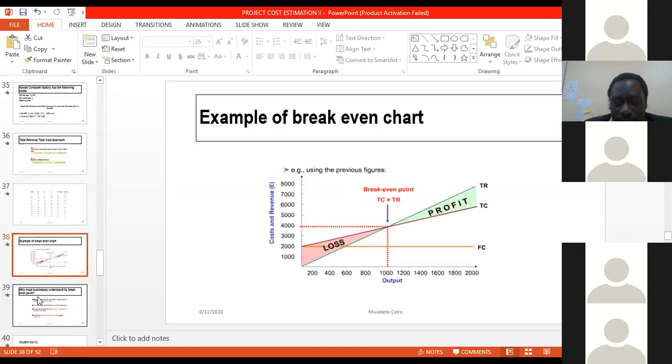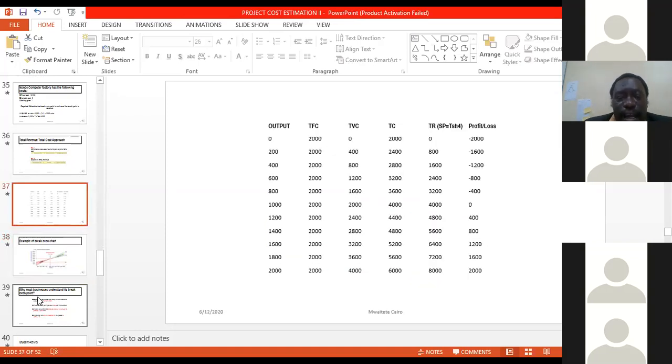So you will see when you have that example, I have already computed the fixed cost. How much is that one? And the total variable cost, the total cost, and the total revenue, and the profit or loss. You can imagine how much is that one. So you can plot that one in a graph.